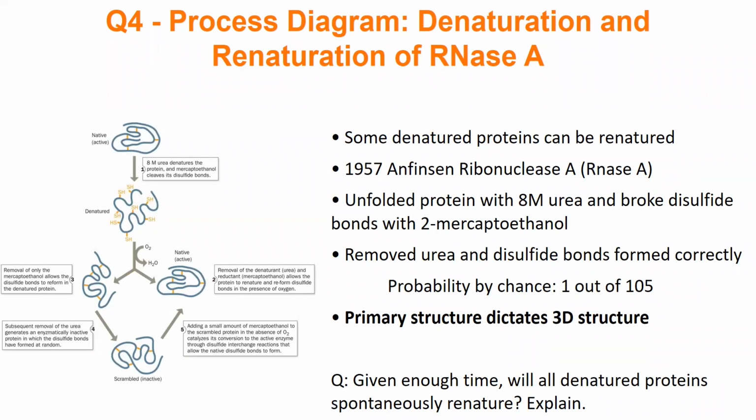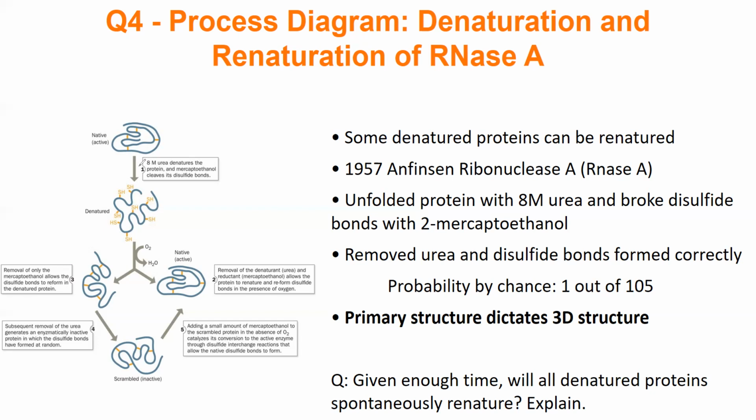Now let's look at a famous experiment done in 1957 that deals with protein folding. And this is called the Anfinsen experiment. What Anfinsen did is that he had a protein called ribonuclease A, RNase A. And he took the folded protein, the native or active form, and added high levels of urea.